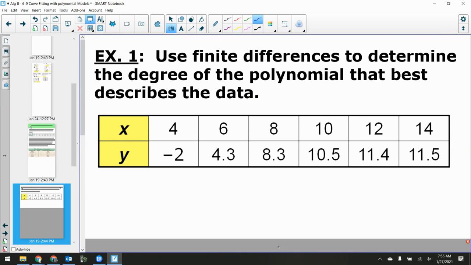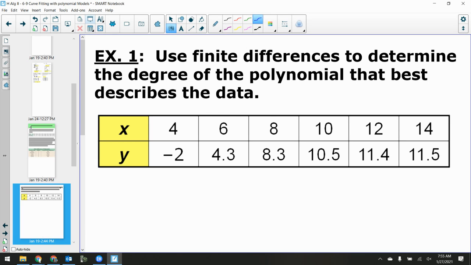So use the finite differences to determine the degree of the polynomial that best describes the data. The first thing I'm going to do is figure out what my first differences are, because if they're constant, I know that it's linear. How much am I changing going from -2 to 4.3? I'm going up 6.3 units. From 4.3 to 8.3, it's a positive change of 4.